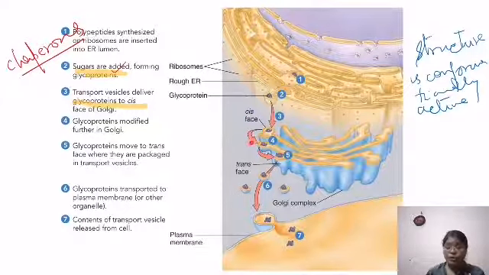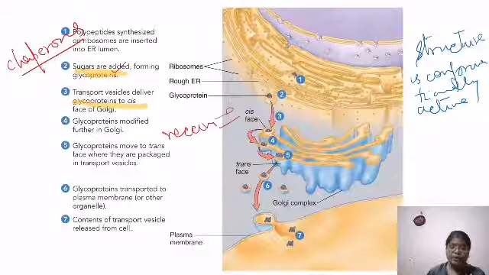Which end are we calling the cis end? The end that is receiving. It's receiving proteins from your endoplasmic reticulum.